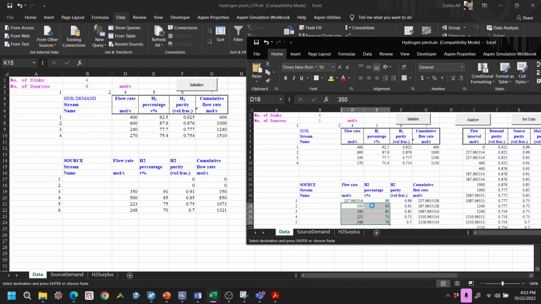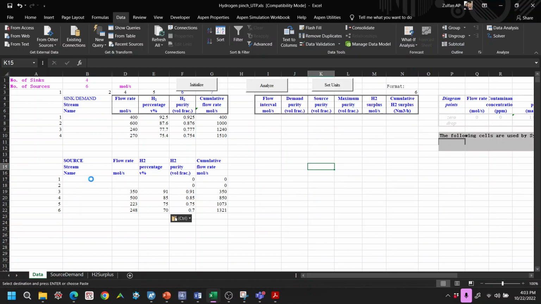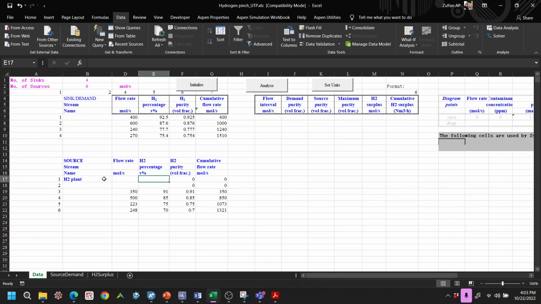And then we have the hydrogen stream over here, the 99% hydrogen plant, and then this PSA unit. We have to order these streams in such a way that it goes from the highest to the lowest hydrogen concentrations.